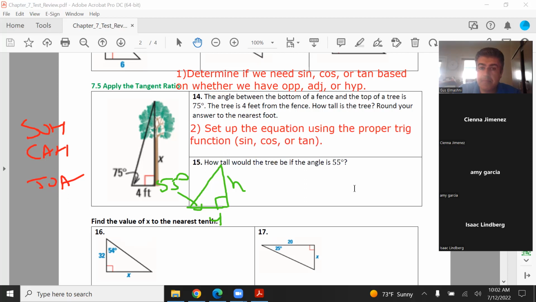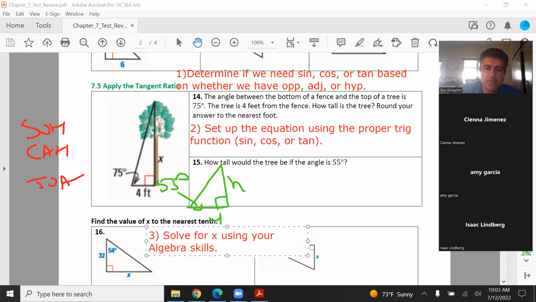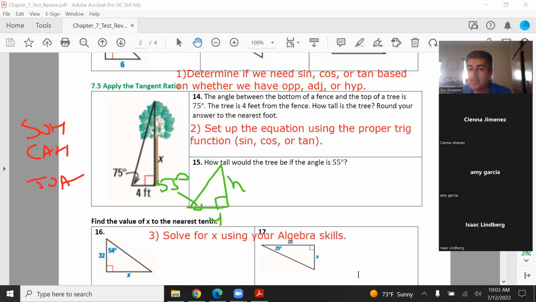And the third step: solve for x using your algebra skills.